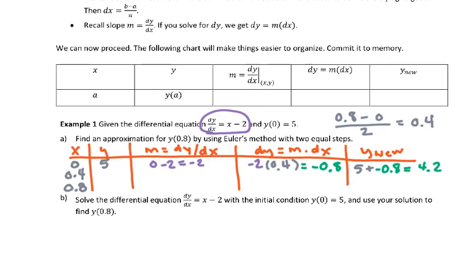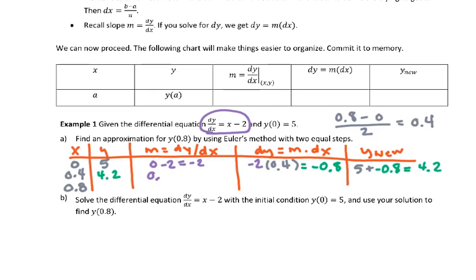When I get 4.2, that comes all the way over here in my table to start the next row. So it's a recursive pattern. You're taking your previous step and working from there. Same process: now my slope, again, this particular slope only relies on your x value. Sometimes they rely on both.